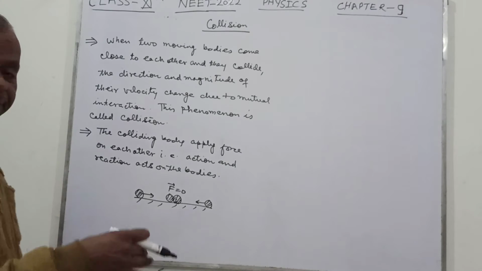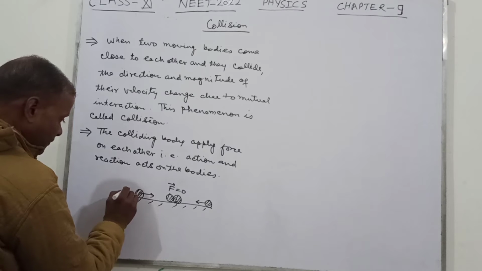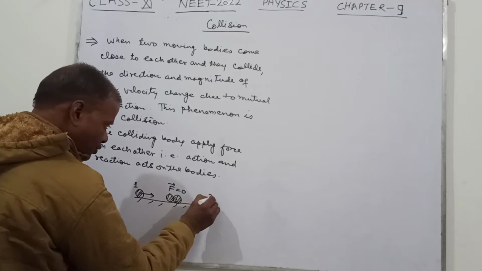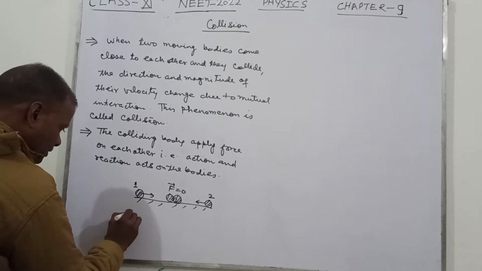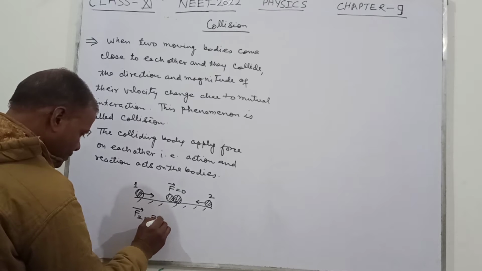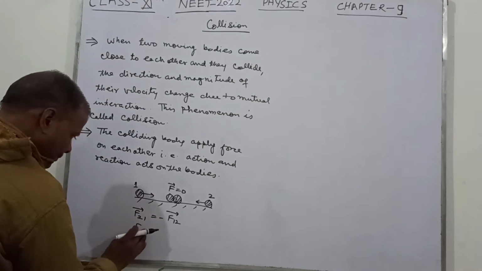The force applied by one body is equal to the negative of the force applied by the second body. If this is body 1 and this is body 2, then F21 is equal to minus F12.